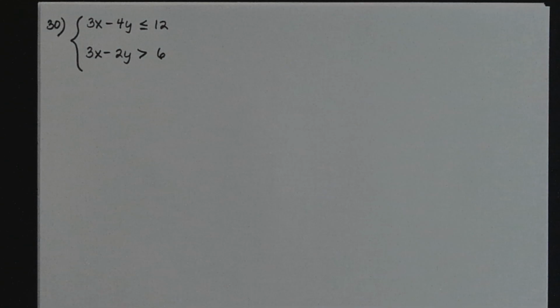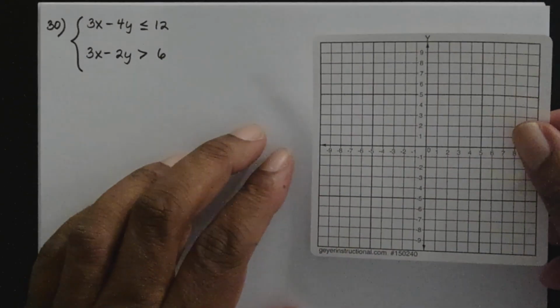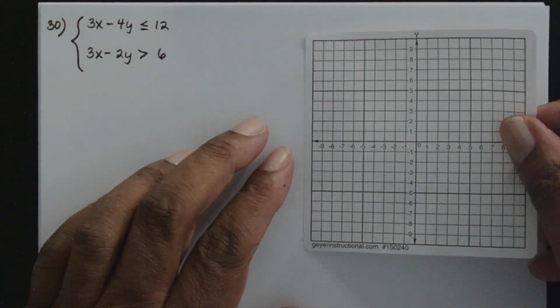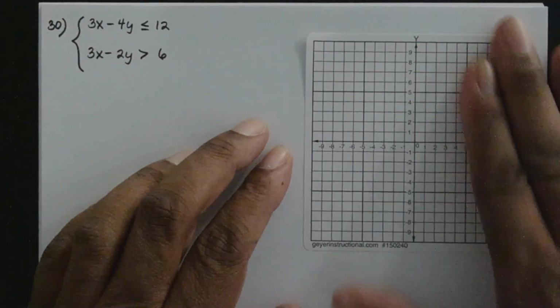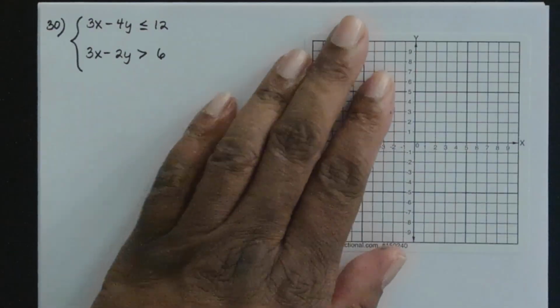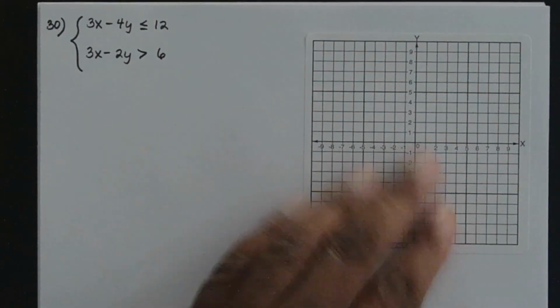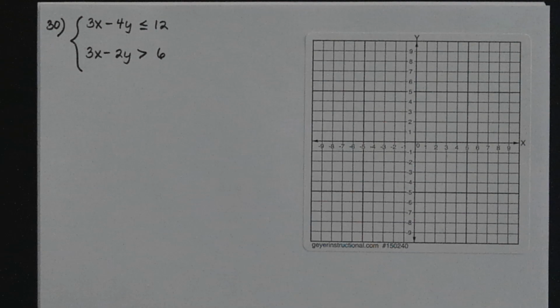And here I'm going to graph this system of inequalities on a coordinate plane. And on the final exam, you will have a coordinate grid to graph those inequalities, because in this case here, you want to shade in the part that satisfies both of these.